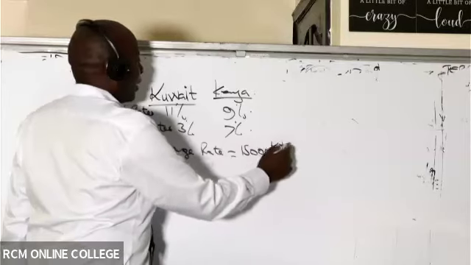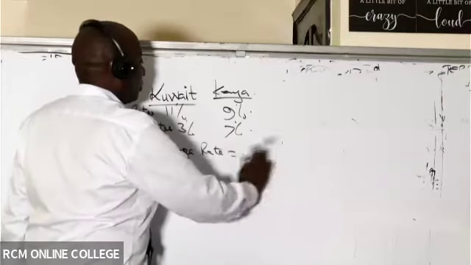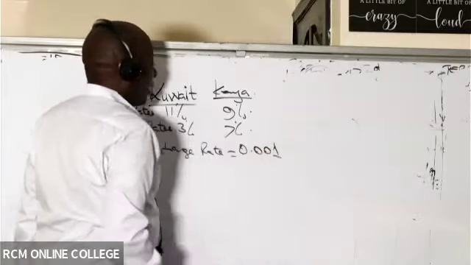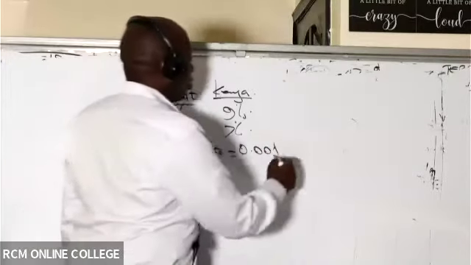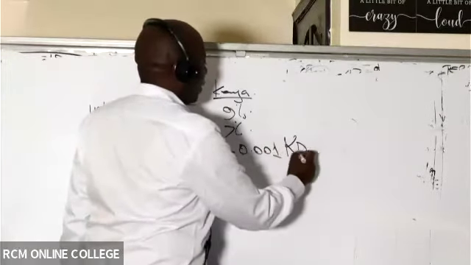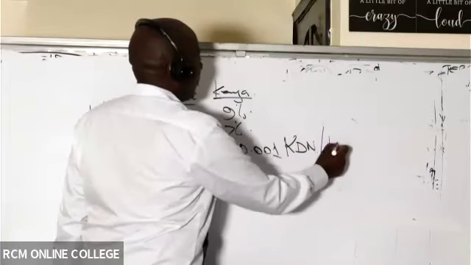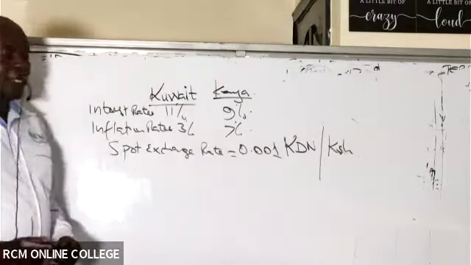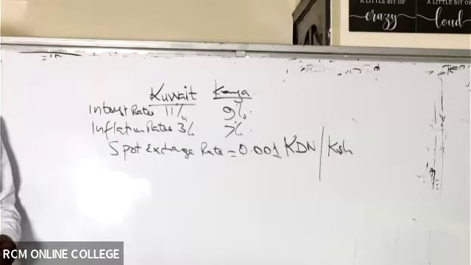Let me talk of 0.001 Kuwait dinar per Kenya shilling. So 0.001 Kuwait dinar per Kenya shilling.